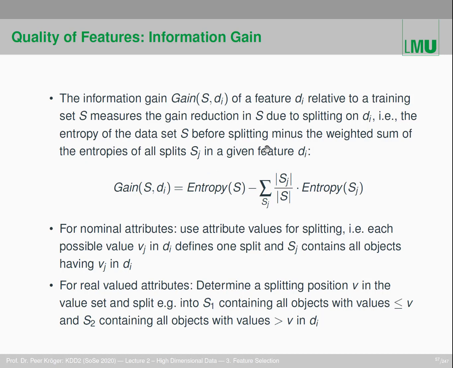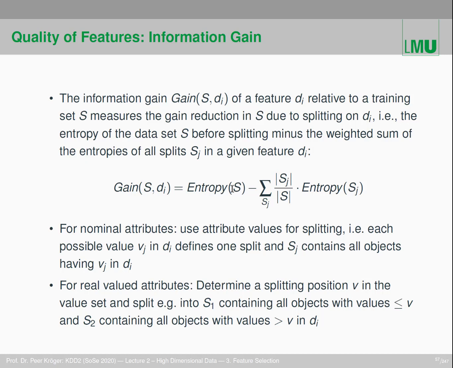So you split your training set along the value distribution of di. You get splits Sj, and then you sum up the entropy of all those splits Sj, normalized by S, and subtract this sum from the entropy of the set if you didn't split.